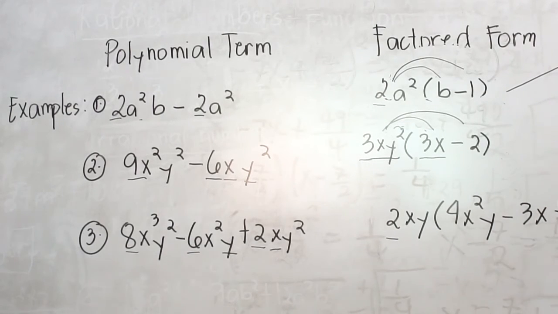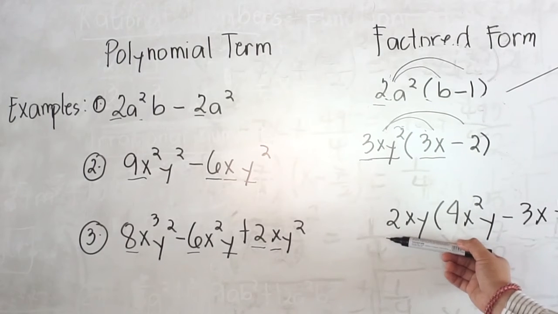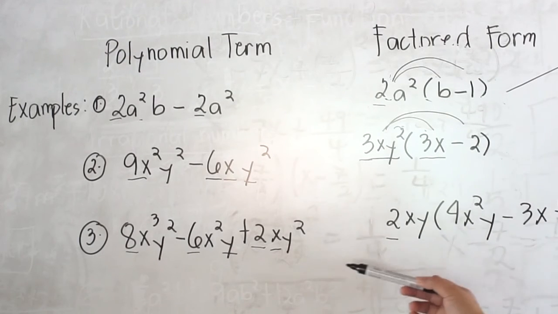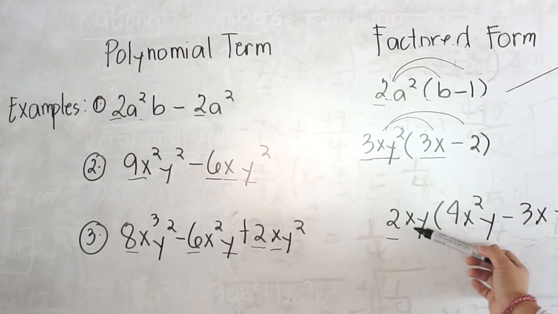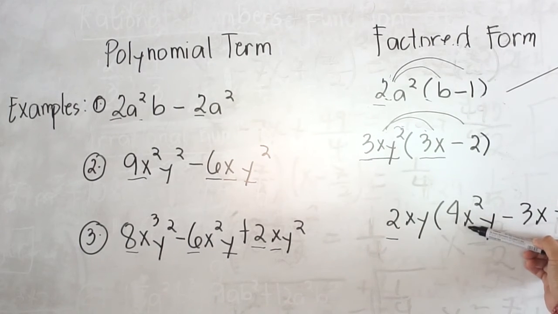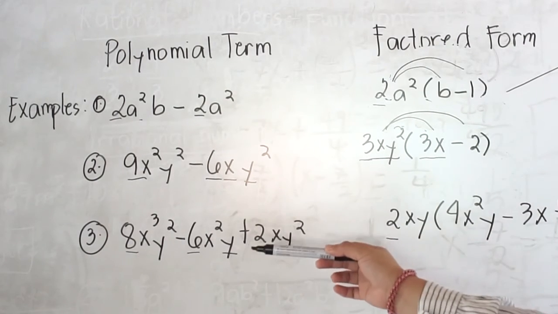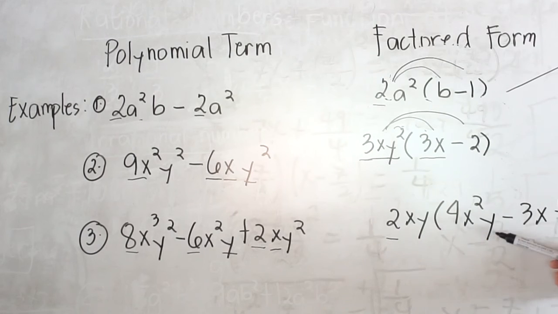Now let's check. 8 divided by 2 is 4, and x cubed divided by x is x squared, and y squared divided by y is y.